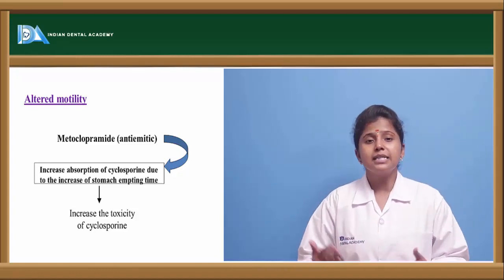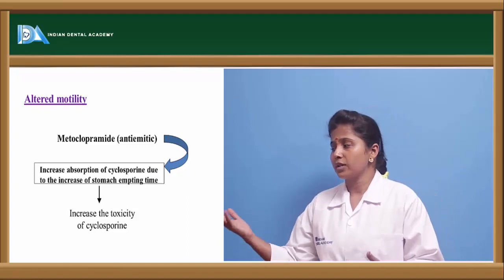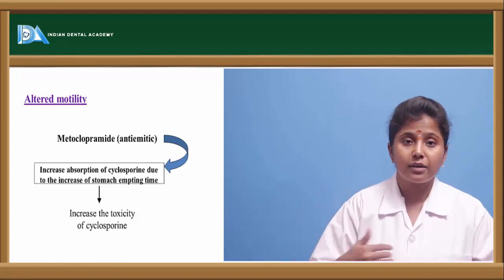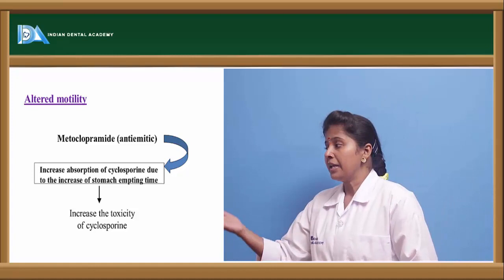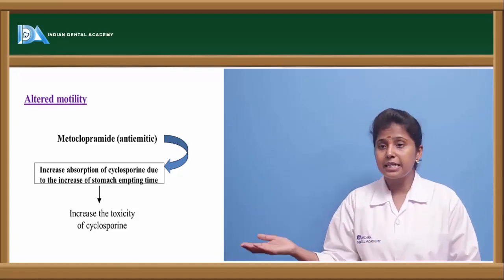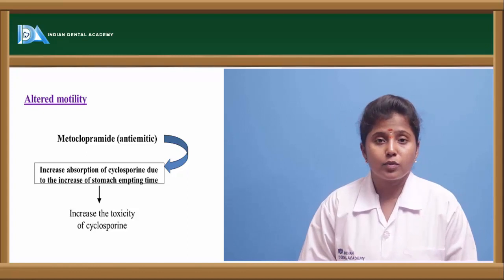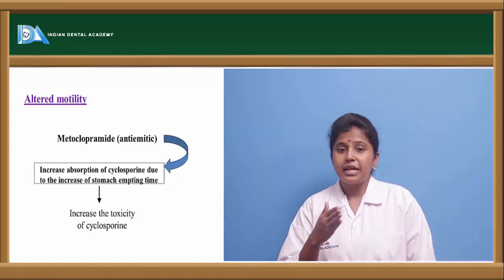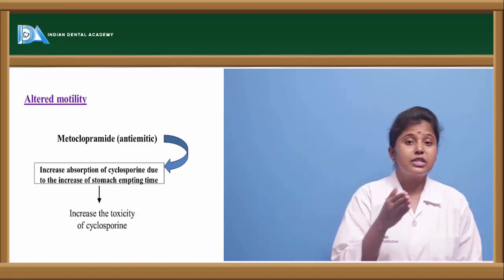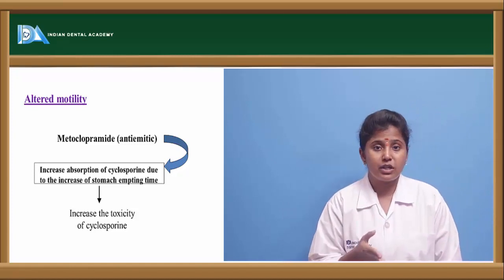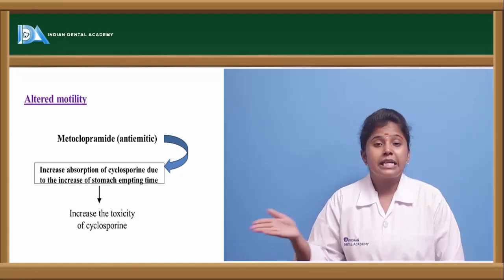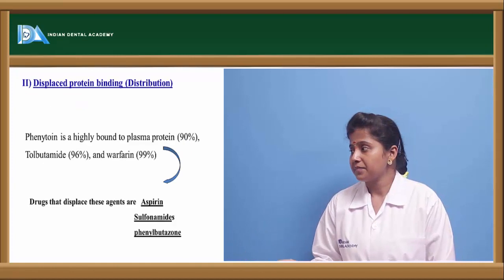Because of that, cyclosporin will get absorbed very easily, and if the absorption increases, it will lead to the toxicity of the cyclosporin. Because of the decreased GI motility, this interaction is happening.